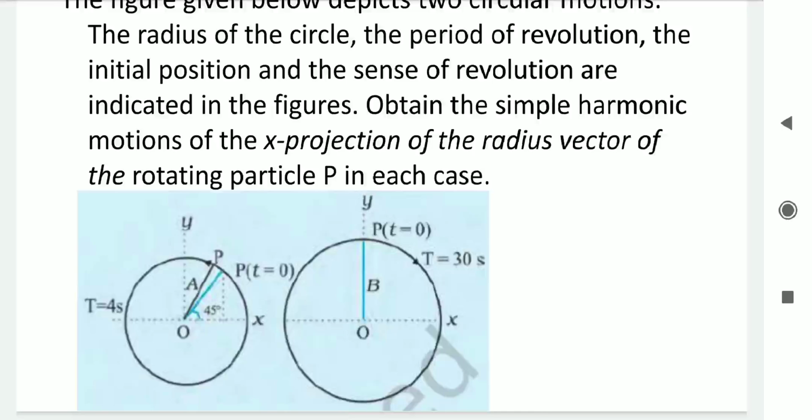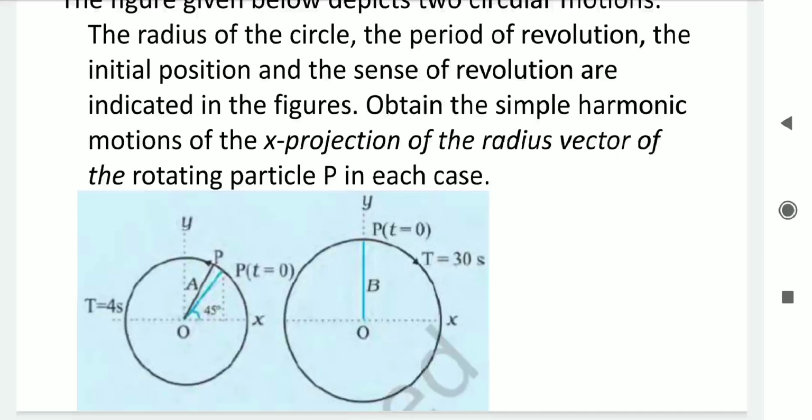So x of t equals a cos of omega t plus phi, that is x of t equals a cos of 2 pi by T t plus pi by 4. Now here, as you can see in the first diagram, capital T is given as 4 seconds. It means the time period is 4 seconds.